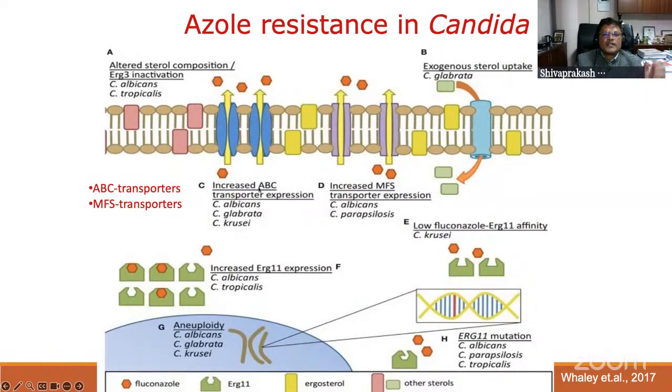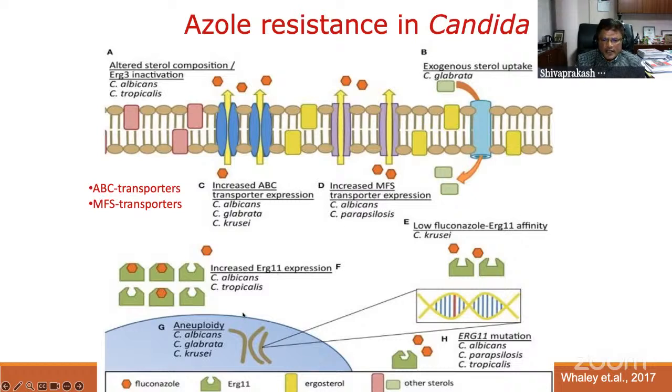You can also see increased ABC transporter expression, increased MFS transporter expression, and low-affinity ERG11. For example, Candida krusei is intrinsically resistant because it has low affinity. There is also increased expression of ERG11.